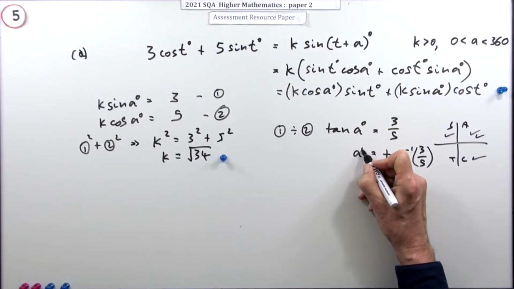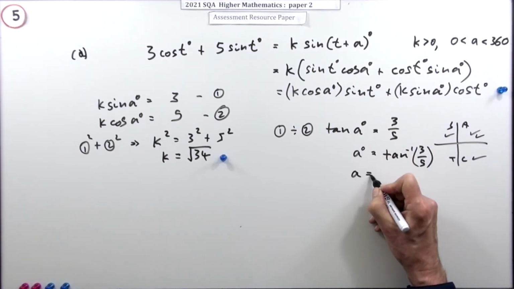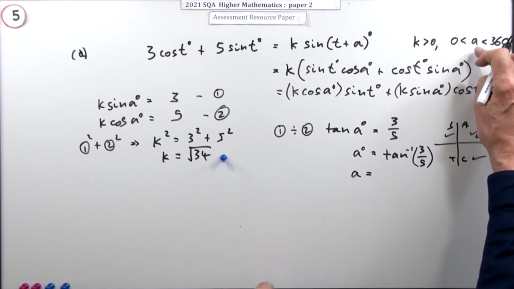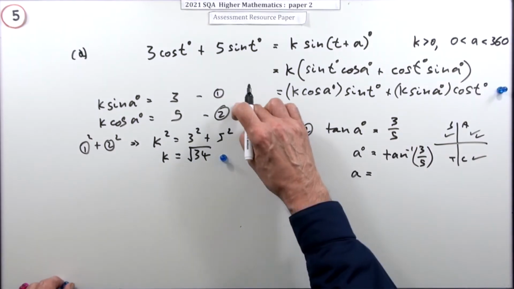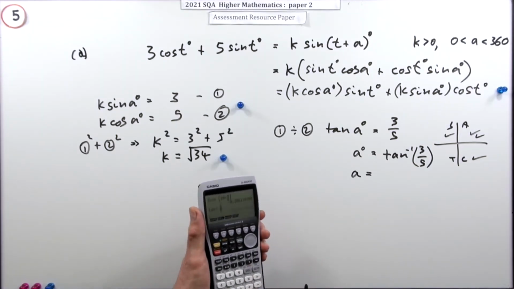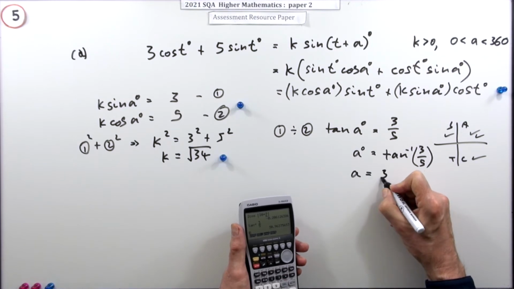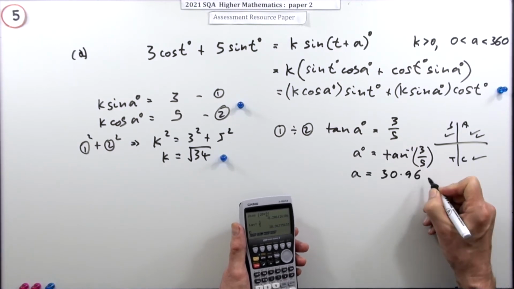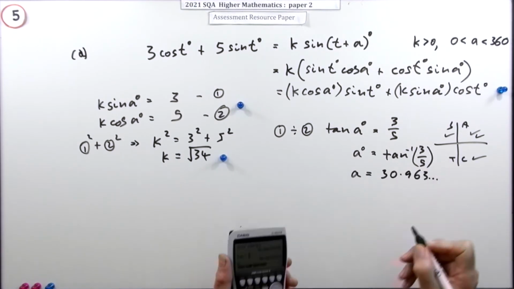Maybe I'll put that down first of all, but my next line I'm just going to leave the degree sign out of it because A is just a number. Missed a mark. There was 1 mark, of course, for getting the pair of simultaneous equations. Right, now just use your calculator. Then you just press the button and you get, and everything's completely accurate so far, 30.963 and so on.